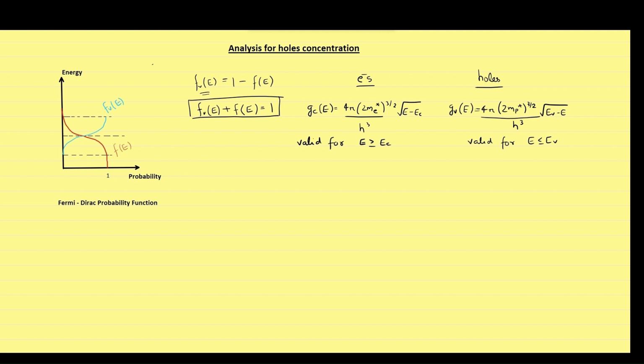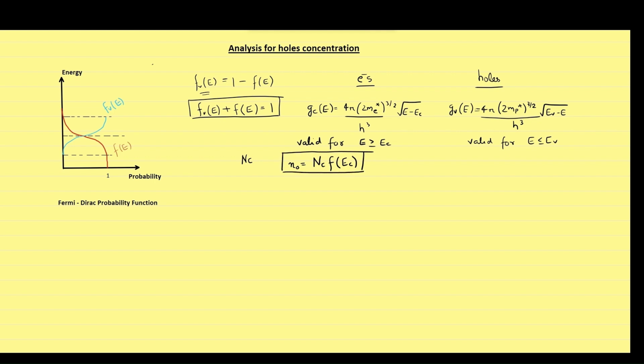After that, we studied about the effective density of states function where electron concentration in the entire conduction band n naught is equal to effective density of states multiplied by the value of Fermi-Dirac function at energy level EC.